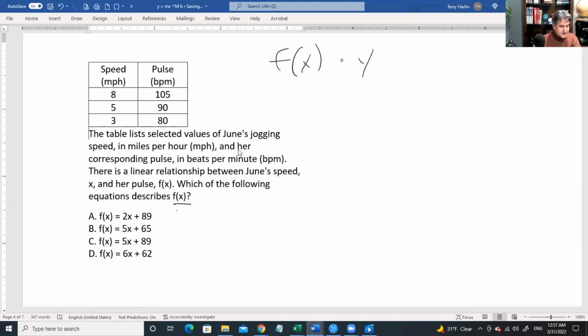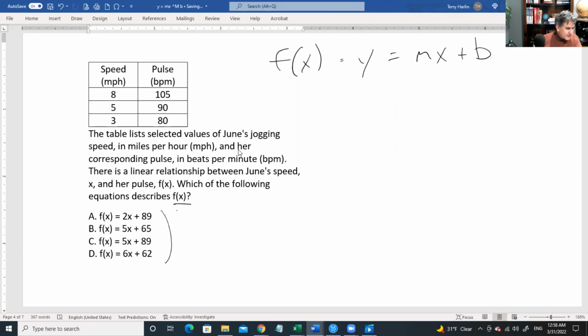And functions can be lines, they can be parabolas, they can be sine waves, all kinds of things like that. And usually they move horizontally across a graph. So we're looking at y, and we're still looking at y equals mx plus b, as you can see from all the examples in our answer choices. So still the same thing. Don't let the f of x freak you out.